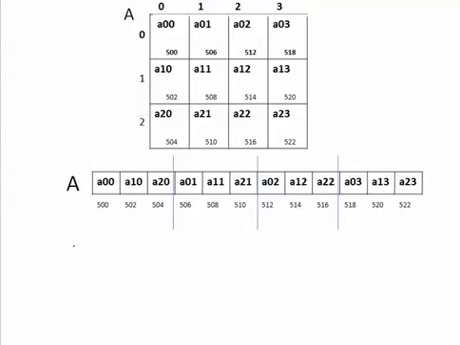Now let us see how the column major formula is written. If you want to get the address of a location, that is A of 1 comma 2, which is at 514. So address of A of 1 comma 2 is taken as location 0 plus... Now it has to go into the second column. So location 0 is 500, it's here. So it has to skip two columns.